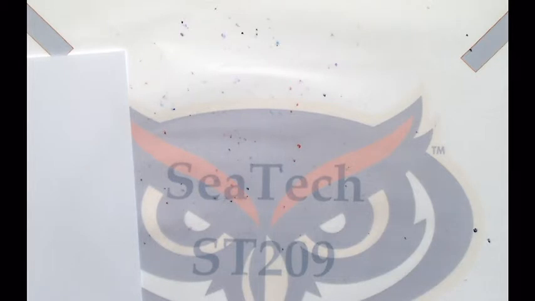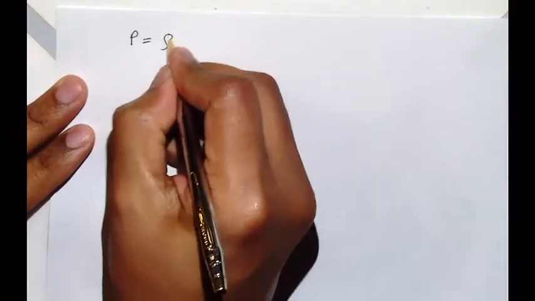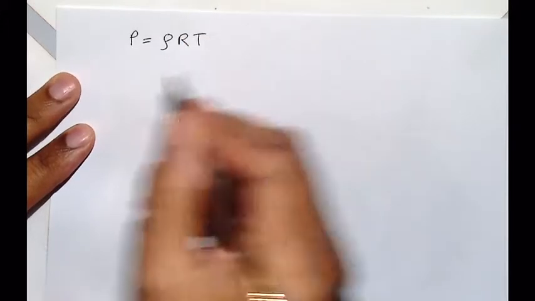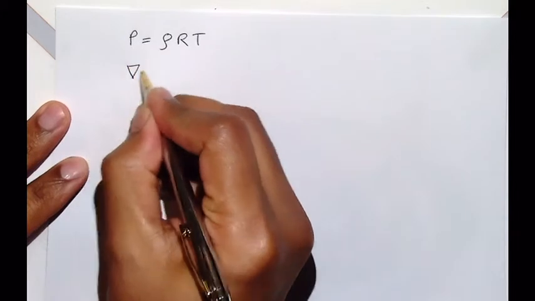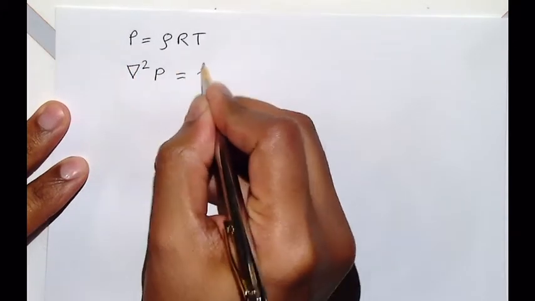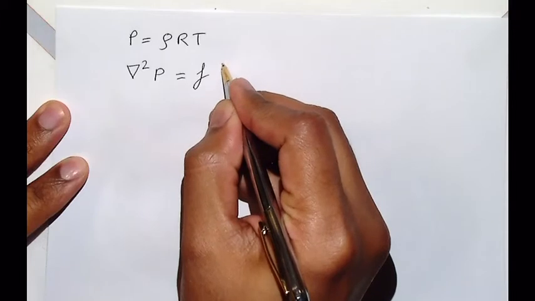No? All right. So last time we were talking about this pressure Poisson equation, right? And we started saying that P equals rho RT is how pressure and temperature are related. But in incompressible flow, the pressure actually depends on the velocity, right?